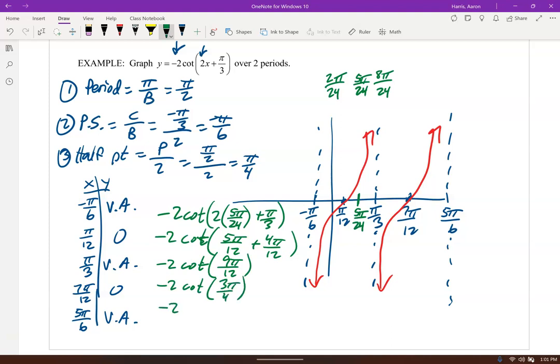So I got negative 2 cotangent of 3 pi/4. So that's the cosine of 3 pi/4, negative root 2 over 2, over sine of 3 pi over 4, which is positive root 2 over 2. So that would be a negative 2 times a negative 1, which is a positive 2. There's the point, 5 pi over 24, comma, positive 2.